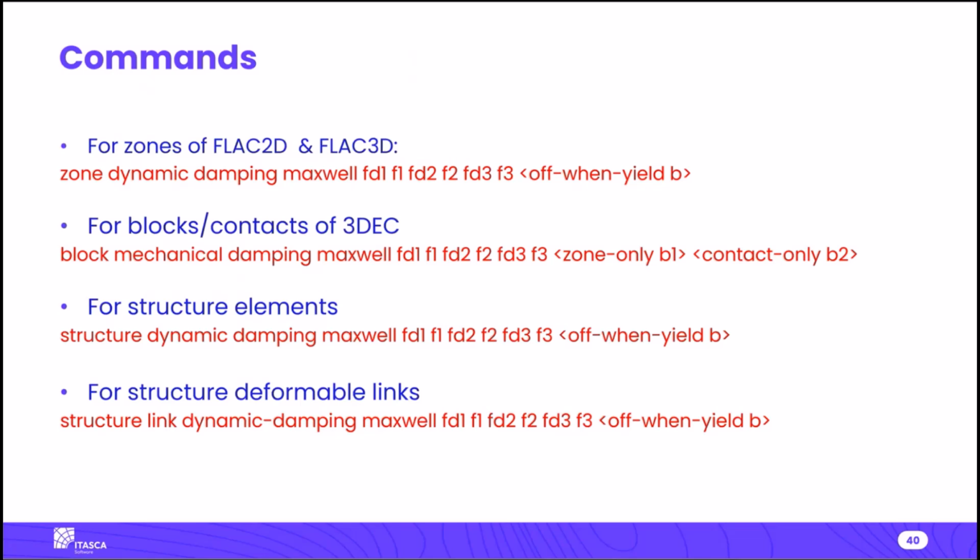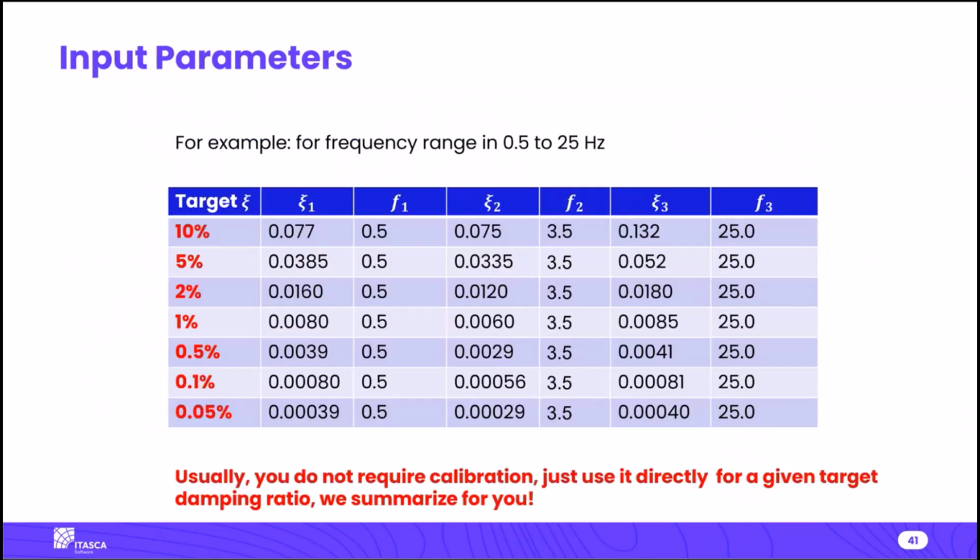For the command in FLAC 2D and 3D, it is zone dynamic damping maxwell with 6 parameters and some flag. For 3DEC, it is similar: block mechanical damping maxwell with parameters and a flag for zone only or contact only. For structural elements it is similar, and for structural deformable links, similar 6 parameters are required.